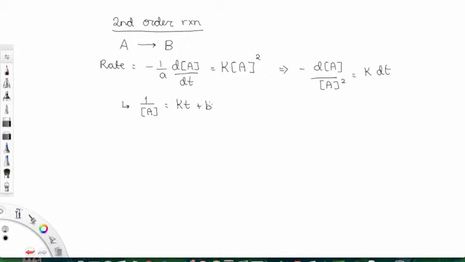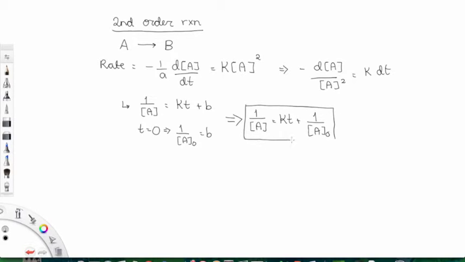At a time of 0, 1 over A0 is going to equal the y-intercept like we did for the first order reaction, and therefore the second order integrated rate law is 1 over A equals kt plus 1 over A0.